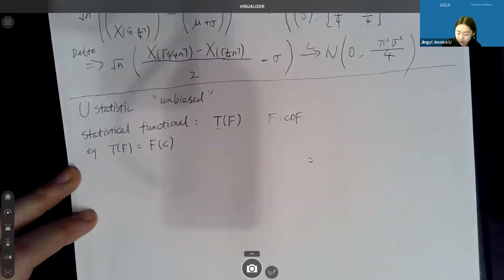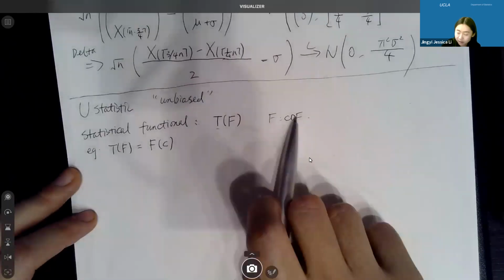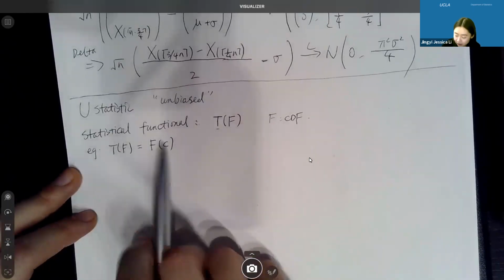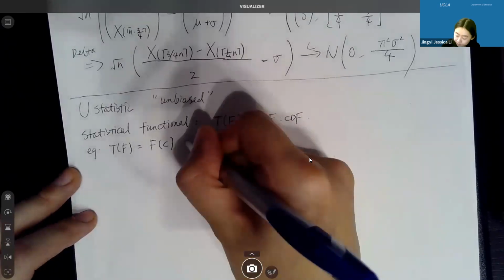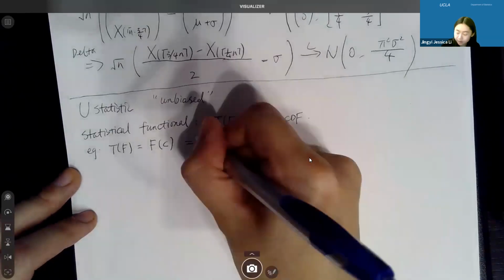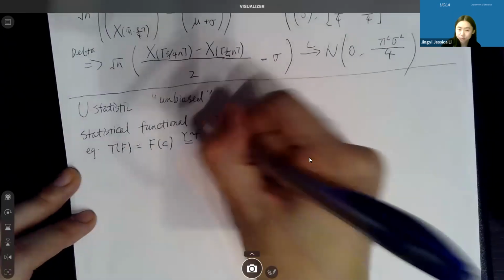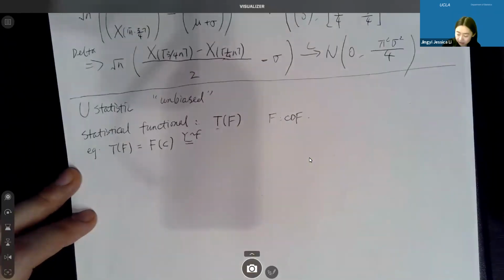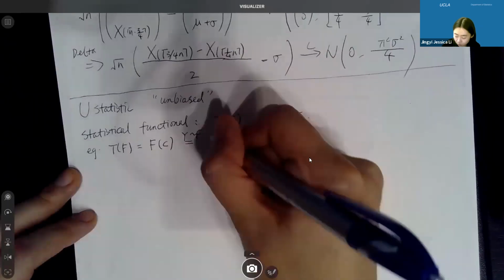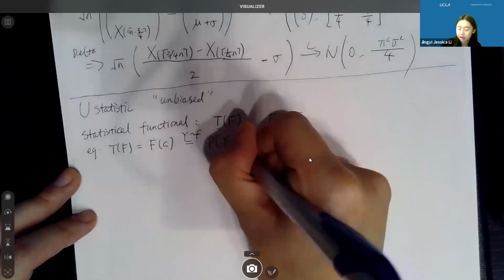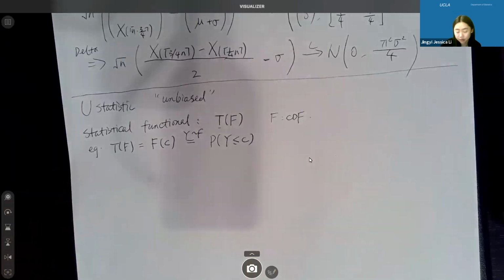What does that mean? It means that I'm evaluating my CDF at this value C, and if I have some random variable Y following F as its distribution, then F(C) is the probability that Y is less than or equal to C, by the definition of CDF.